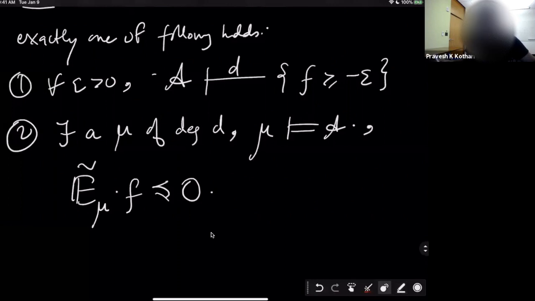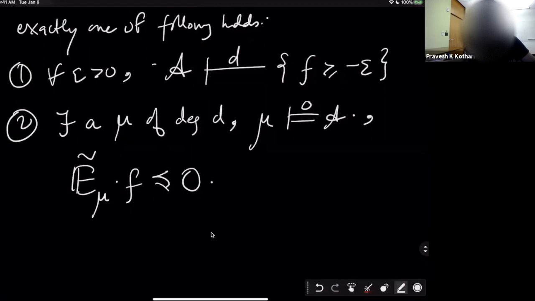Actually, you know what? Let's just use the weaker definition. So what is this saying? This is saying that either A derives the inequality constraint that f is bigger than minus epsilon. So think of this as a proxy for f bigger than or equal to 0. There's an issue with closed and non-closed sets here, which is basically forcing us to write it this way.